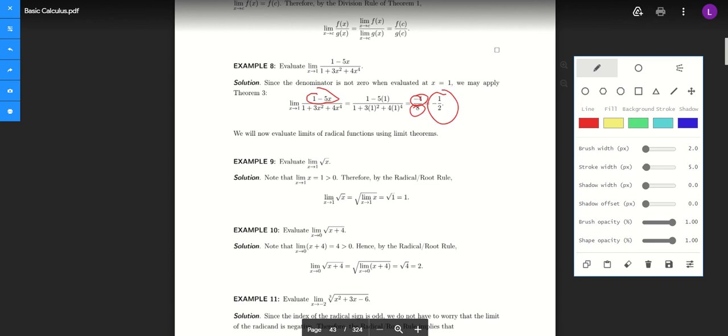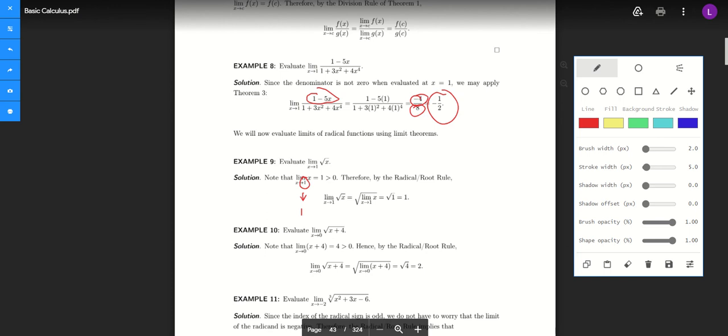So if our x becomes lower than 0, let's say negative 1, negative 2, once we substitute that to our square root or our radical function, it will make the limit imaginary. So to continue, our c here is 1. So substitute, and then that will become square root of the limit of x as x approaches 1.